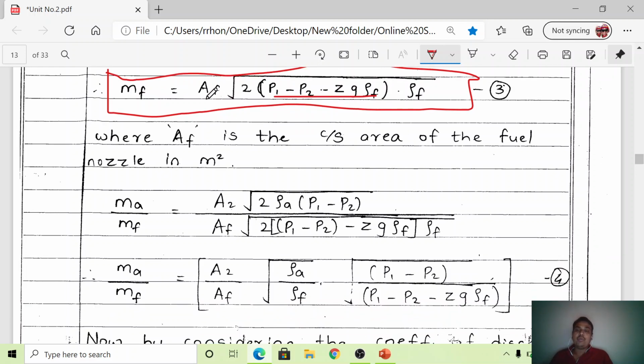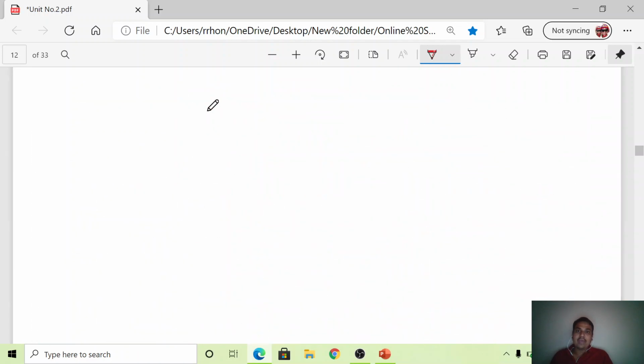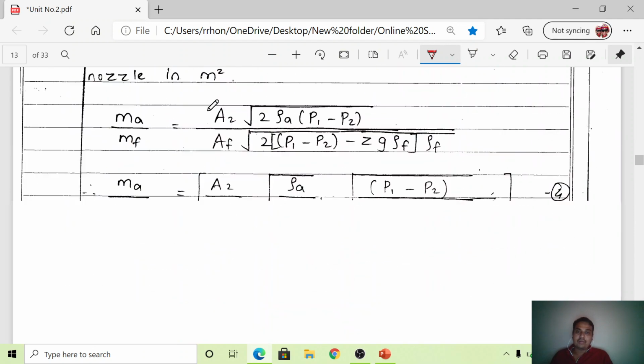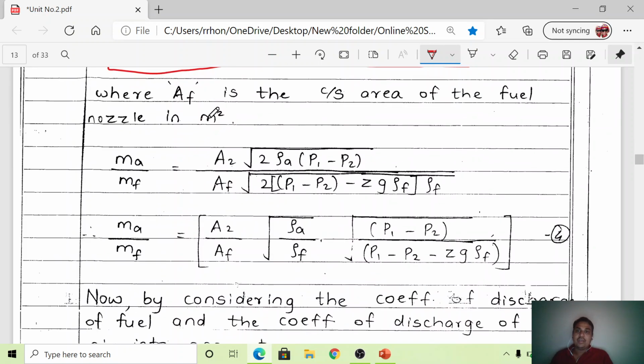Similarly, if we want to calculate the AF, what does it mean? That is the fuel orifice area at the throat section. So AF is nothing but that particular area of the throat section fuel jet which we are going to calculate, where AF is the cross sectional area of the fuel nozzle generally.